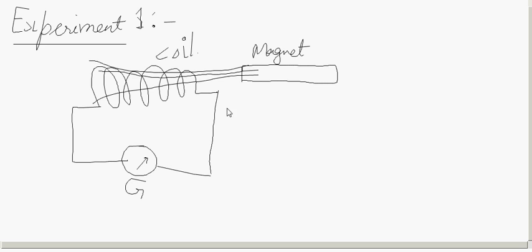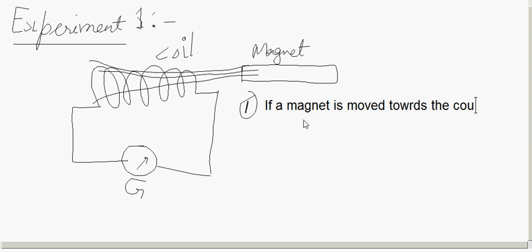Now, what can we observe from this? He observed these things. If a magnet is moved towards the coil, the galvanometer showed some deflection.